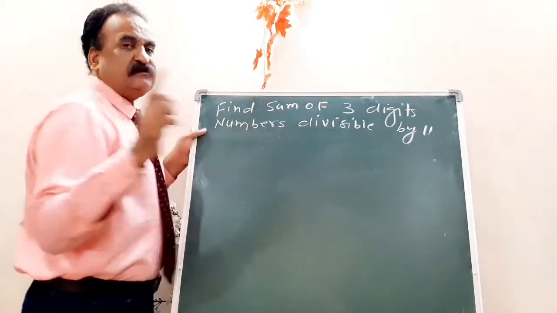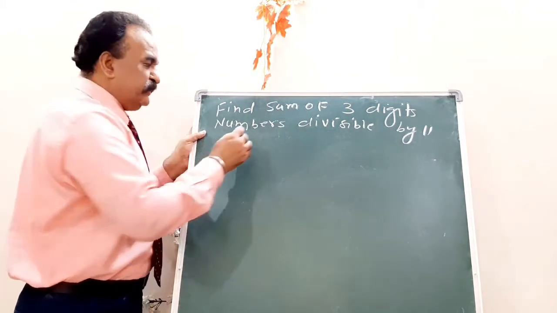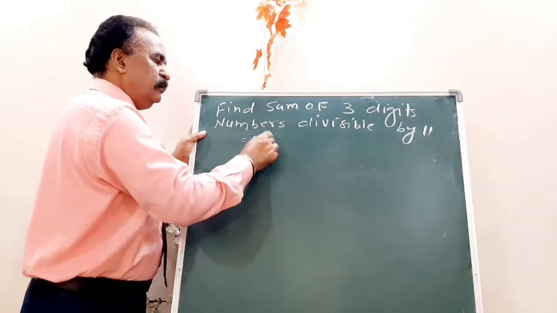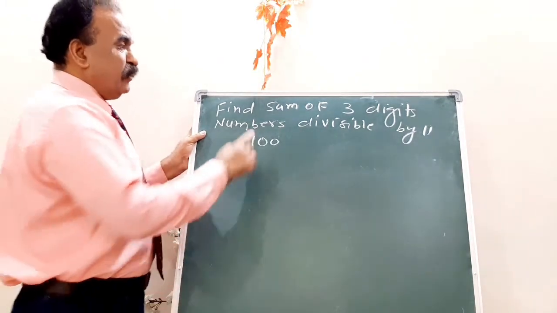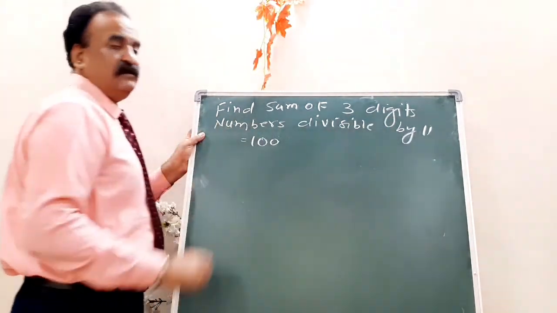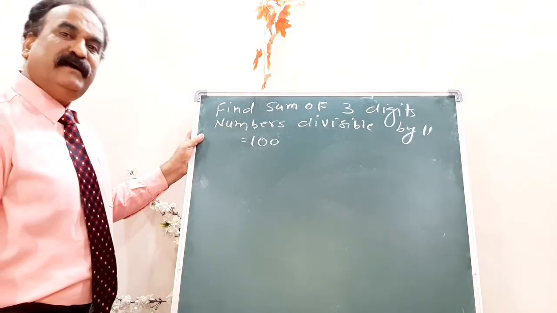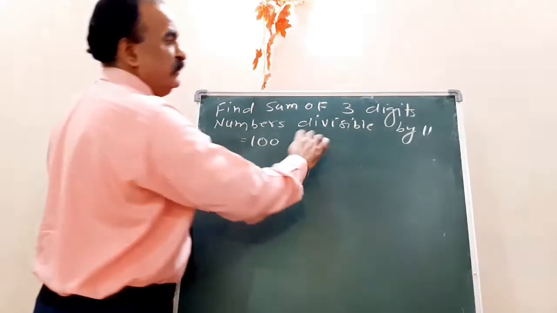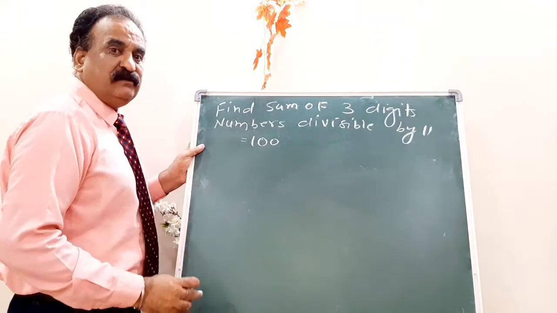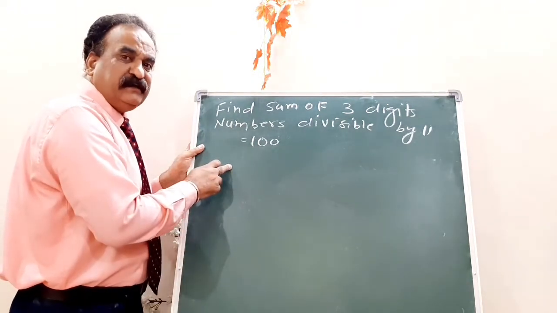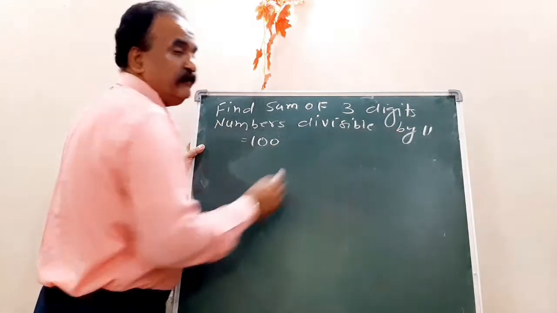Now tell me the smallest three-digit number. The smallest three-digit number will be 100, but now it should be divisible by 11. So 100 is the smallest three-digit number, but it should be divisible by 11.